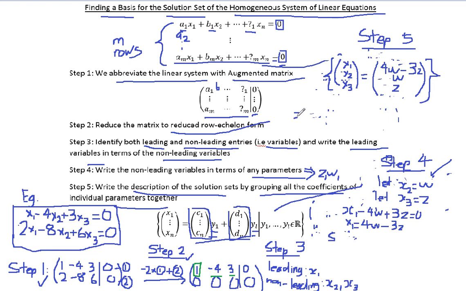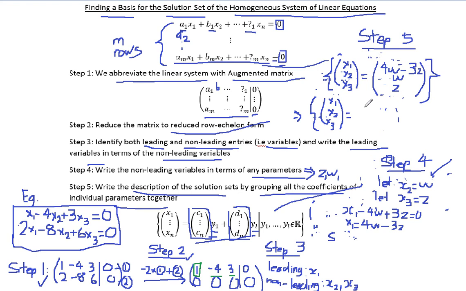Therefore, we can simplify this further. x1, x2, x3, let's group all the coefficients of the individual parameters together.